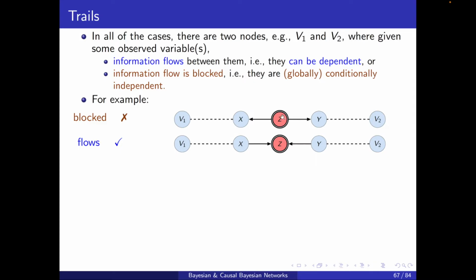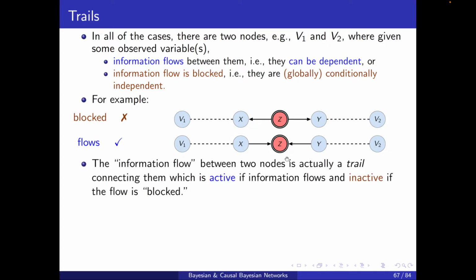Here, we saw that Z is blocking information from V1 and V2, whereas here, we see that information flows. Now, the information flow, again, is just an intuitive term I'm using here. It's not mathematically defined, just to help you grasp the idea. We'll make everything rigorous shortly.